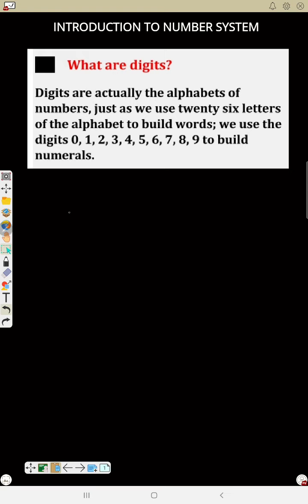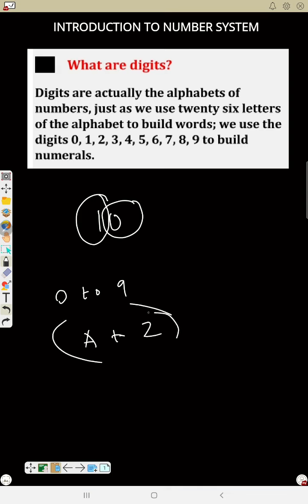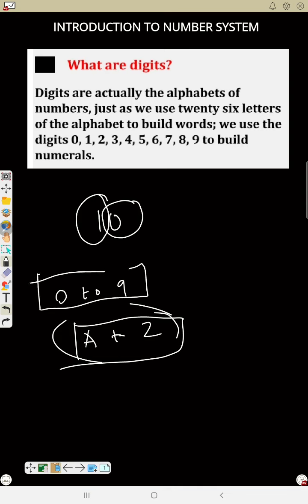If I write the numeral 10, this is a symbol that represents number 10. It is combined from 2 digits, that is 1 and 0. So digits are just 0 to 9, just like A to Z in the alphabet. We join words together using A to Z. Now we join numbers together using 0 to 9. Those numbers are called digits.